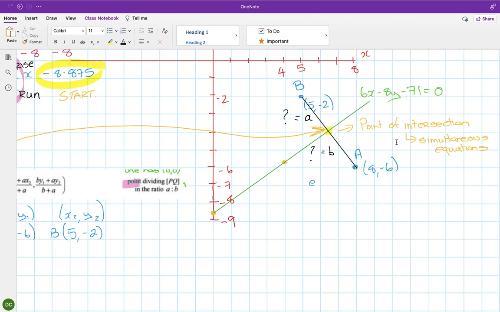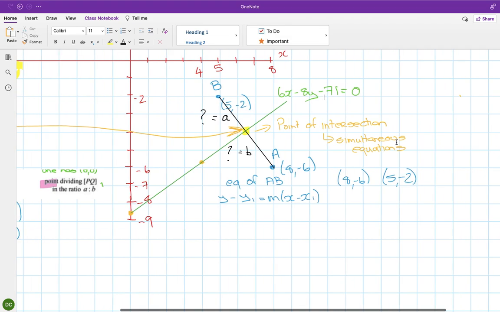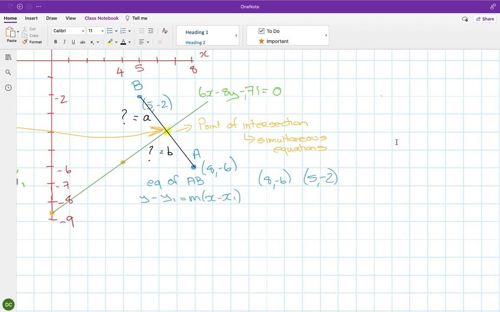The equation of the line AB, we'll use y minus y1 equals m times x minus x1. I have 2 points, 8, minus 6 and 5, minus 2. This is going to be x1 and y1, and this is going to be x2 and y2.